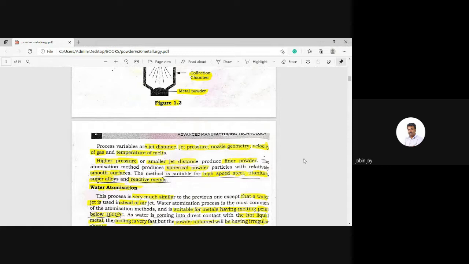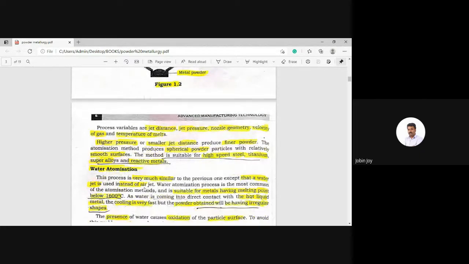The atomization method produces spherical powder particles with relatively smooth surfaces. This method is suitable for high-speed steel, titanium, superalloys, and reactive metals.